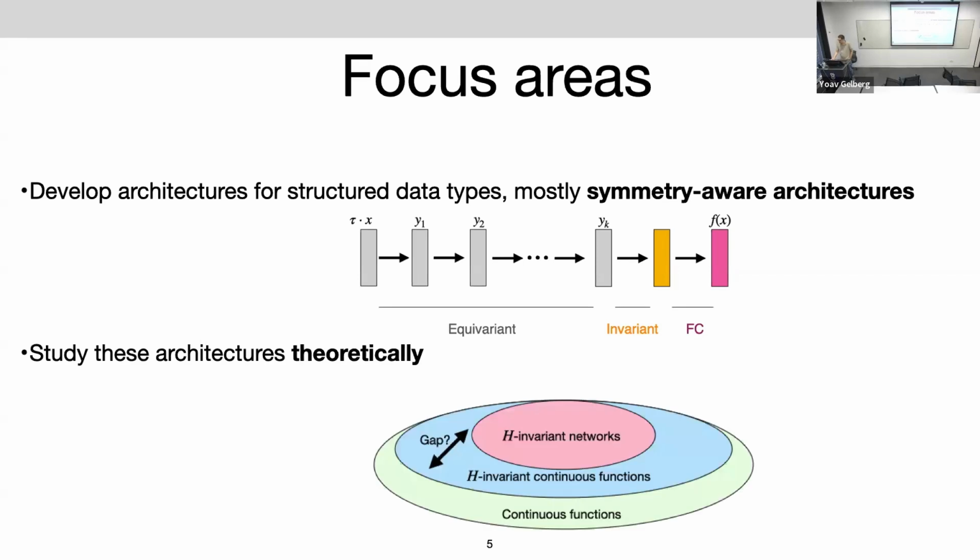The second thing that we are interested in, and is very related to what we are going to talk about today, is to study these architectures theoretically. So not only we want to propose new models, but we want to understand why they work well or don't work well.